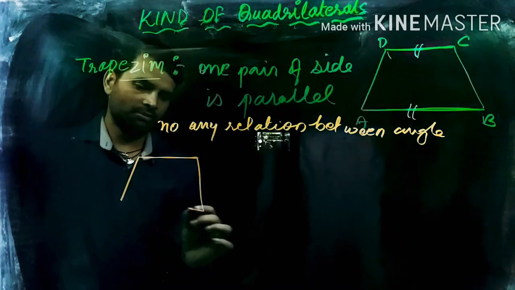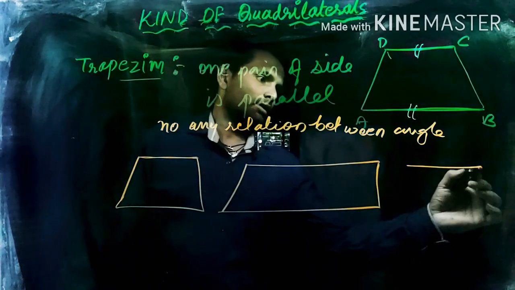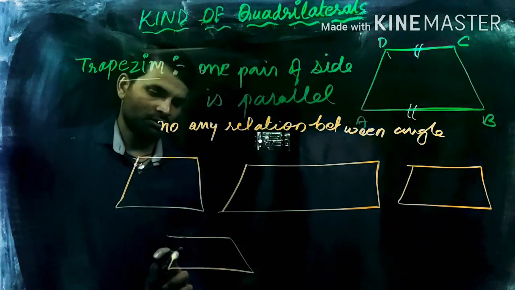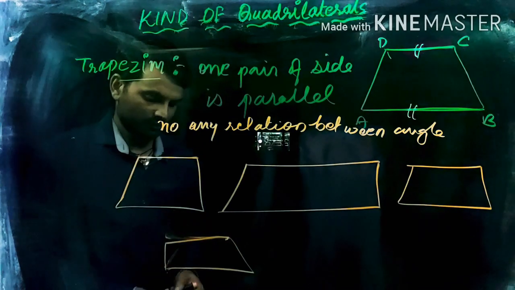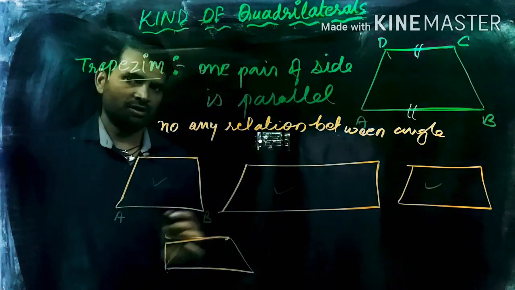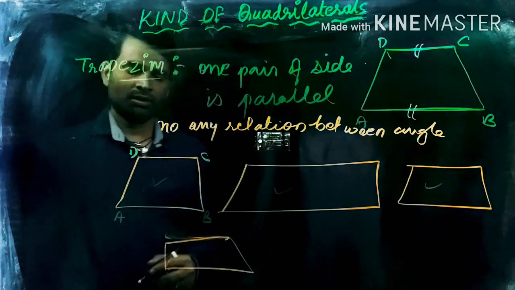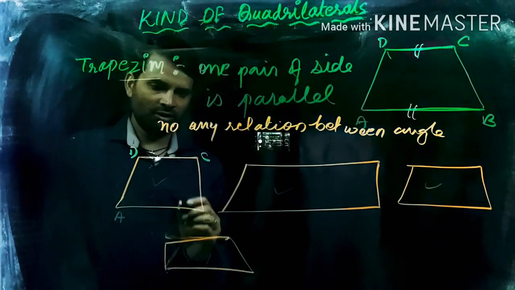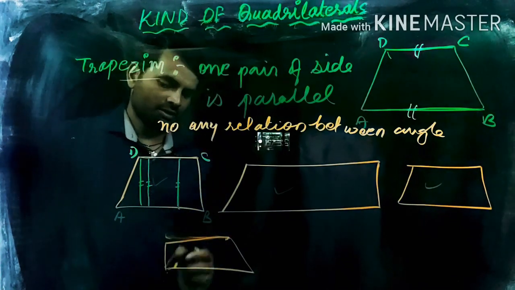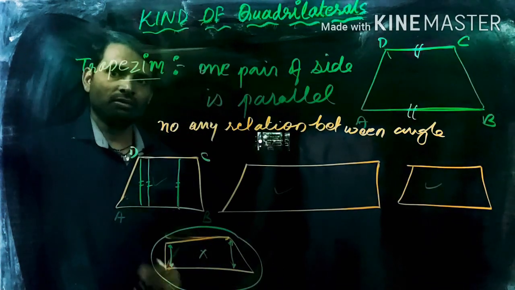This type of diagram is a trapezium, and this type too. This is a trapezium because the two sides AB and CD are parallel. In the other diagram, the distance between sides AB and CD is not equal at all points, so it is not a trapezium.